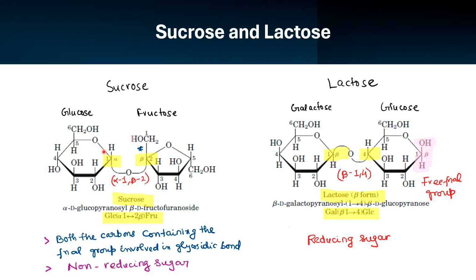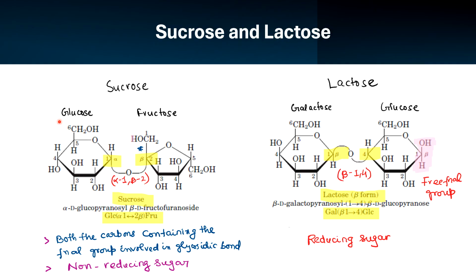Why alpha? Because glucose is present in the alpha form and fructose OH is present on the top. So it is the beta form. So the glycosidic linkage would be alpha 1, beta 2 glycosidic linkage. Is that clear?